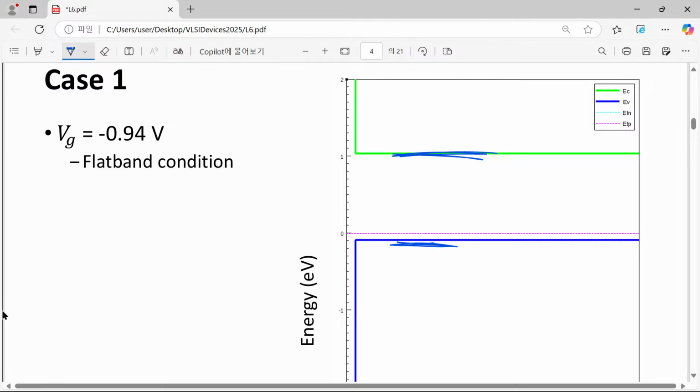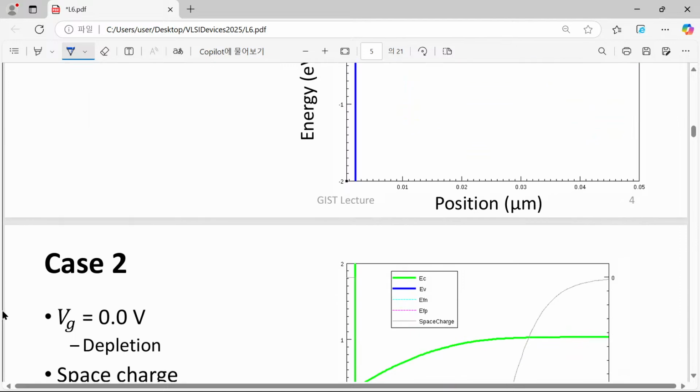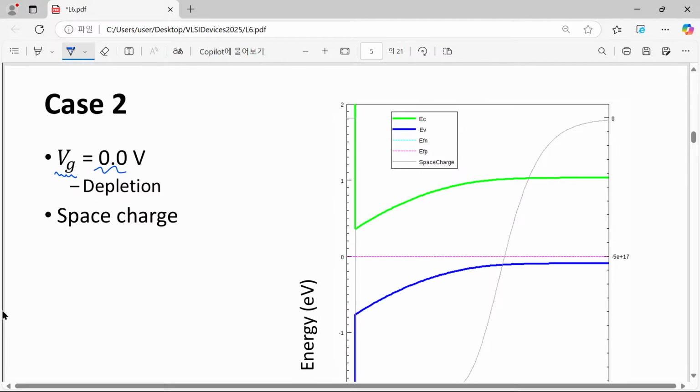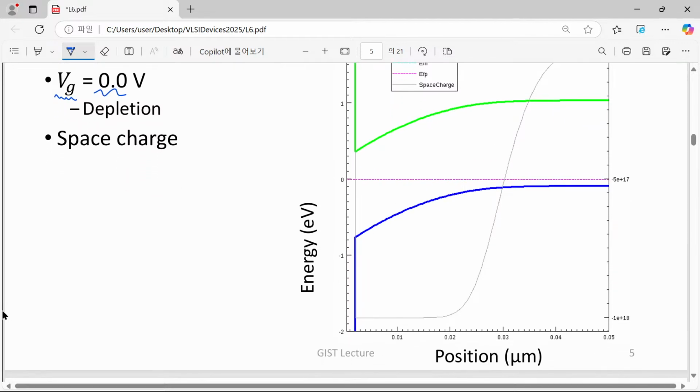But now when we apply a gate voltage, for example equal to 0.0 volt, although the number is 0, in this case we already have a bending. You can see that here we have already certain bending.